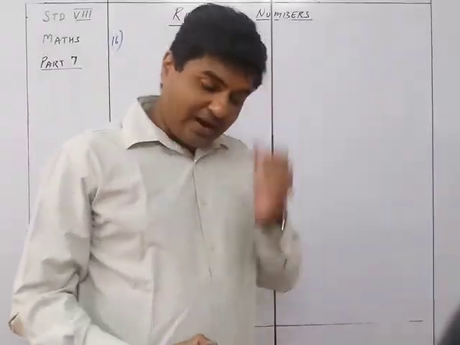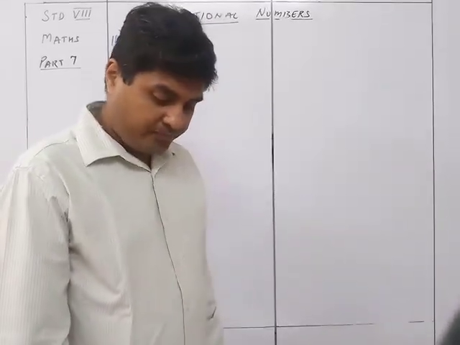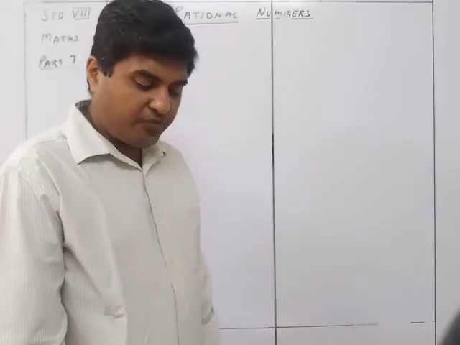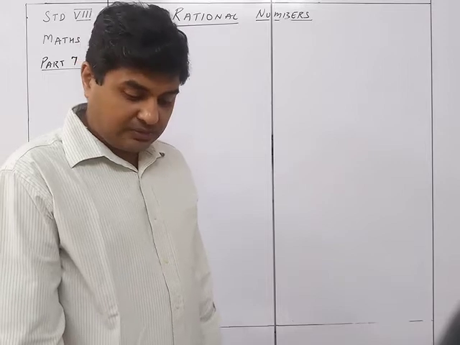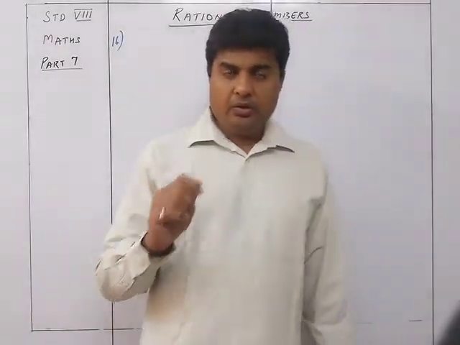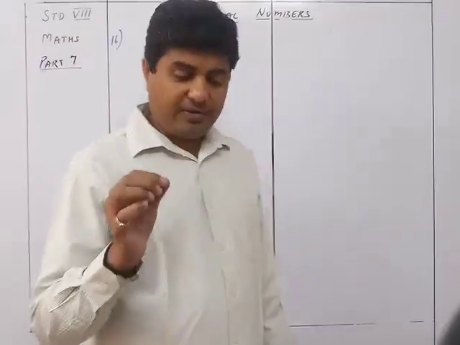A student was asked to multiply a given number by 4 upon 5. By mistake, he divided the given number by 4 upon 5. His answer was 36 more than the correct answer. What was the given number? So you are told that a number was to be multiplied by 4 upon 5.